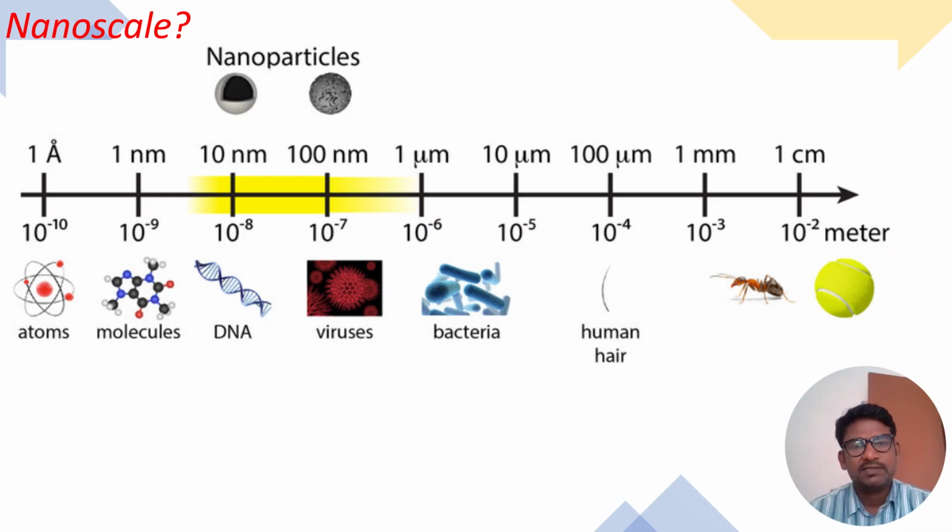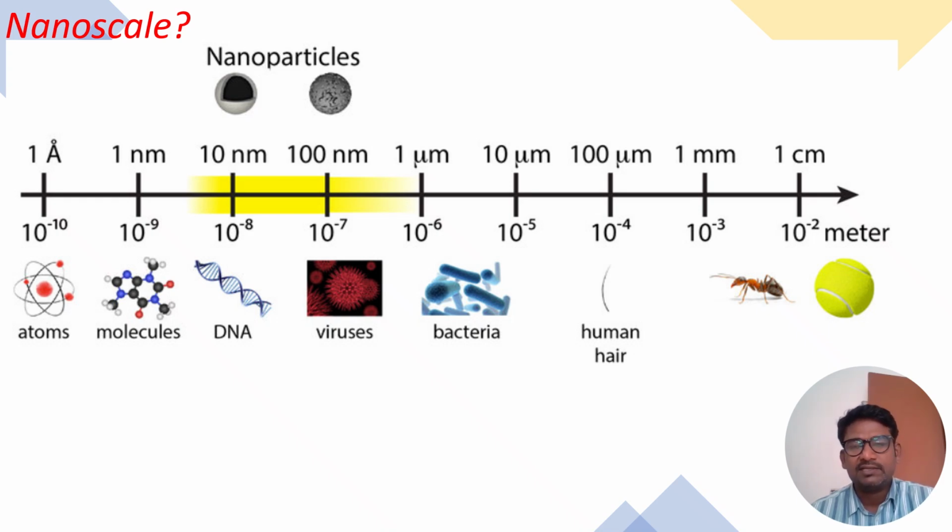Now, first let us try to understand the nanoscale, which is from angstrom to centimeter. And this slide gives you a clear overview about the nanoscale. Say for example, the atoms are in angstrom range, while the molecules are in nanometer range, and the DNA is in 10 nanometer range, while the virus falls in the range of 100 nanometer, and bacteria is in micro range, and human hair is in micro, and a small ant is in mm.